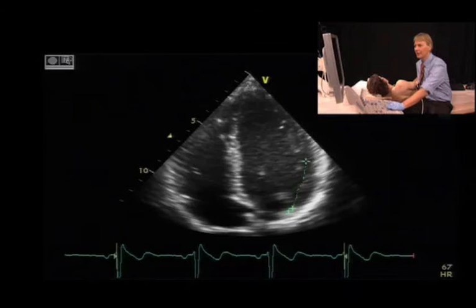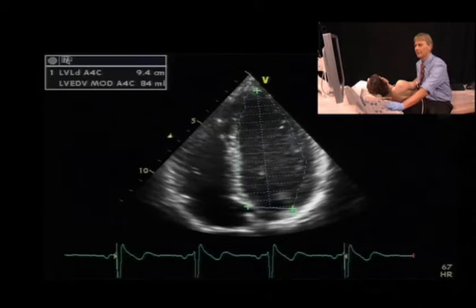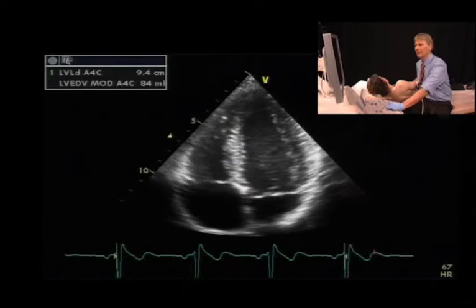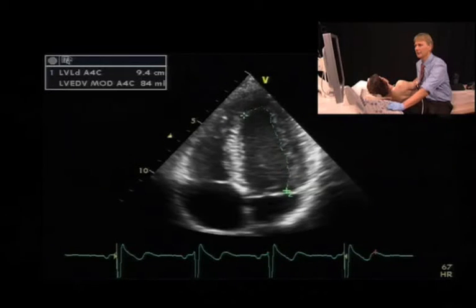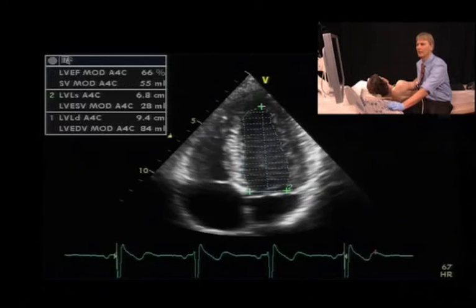We trace the endocardial surface, omitting the papillary muscles. And we do the same thing for systole. Okay, systole, it's usually easy to track the endocardial surface. And we get an ejection fraction of 66, which is normal.